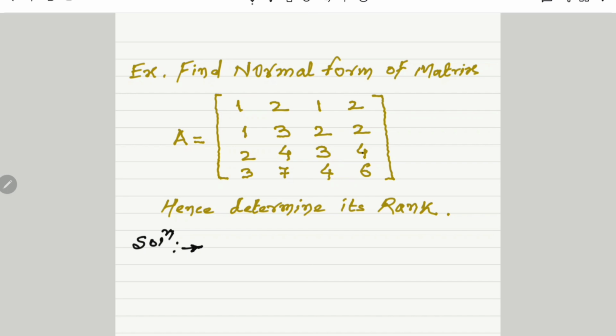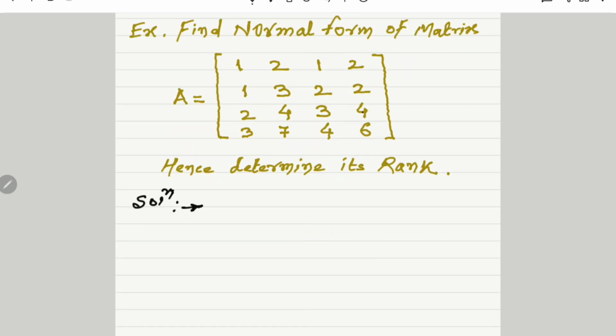Therefore first of all I am applying row transformation. The leftmost element is here 1. Keeping that 1 as it is, we convert the remaining elements below that 1 to 0 with the help of that 1. Therefore 1 minus 1 we get 0, 2 minus 2 we get 0, and 3 minus 3 we get 0.